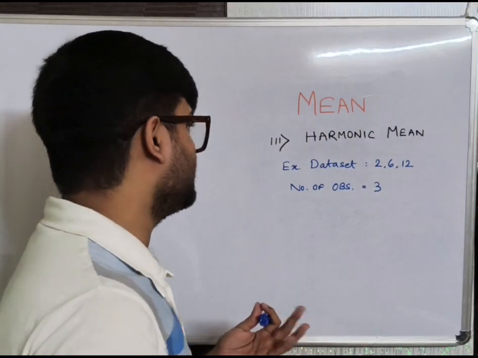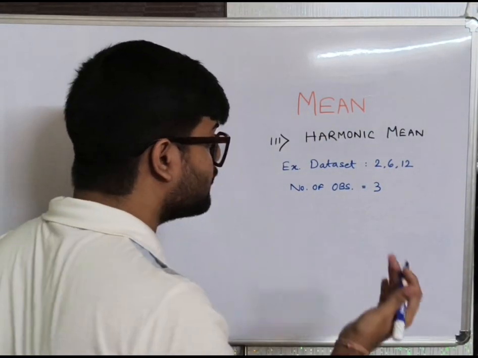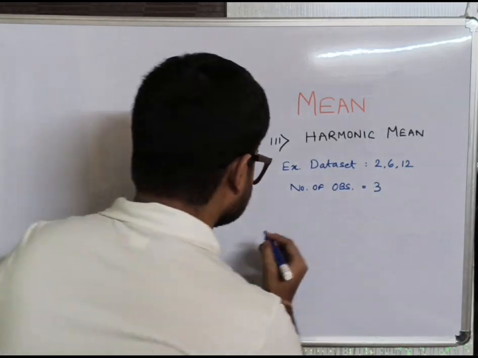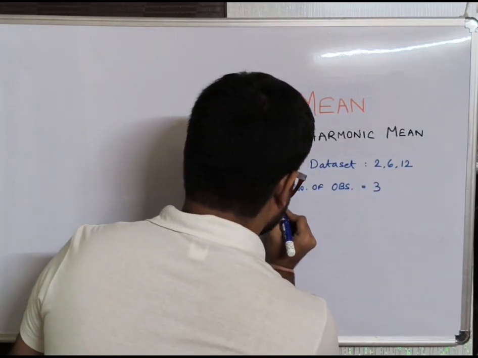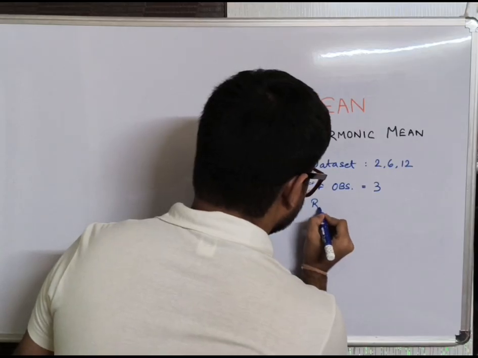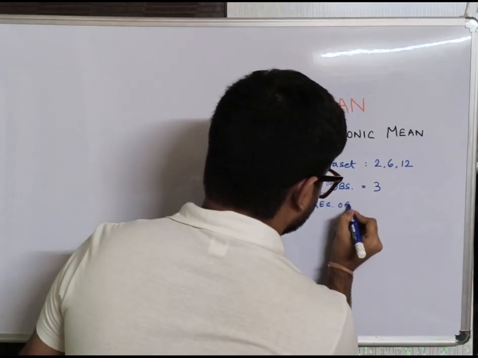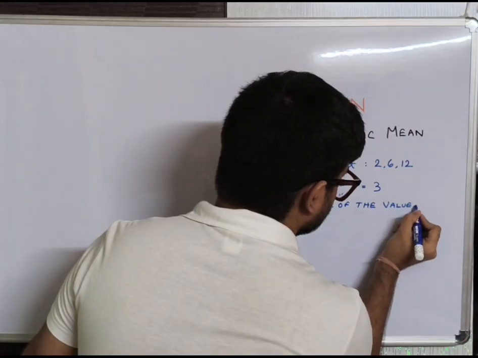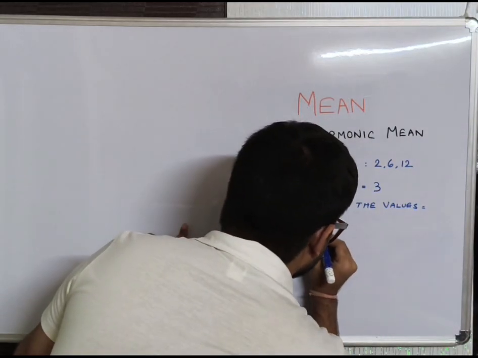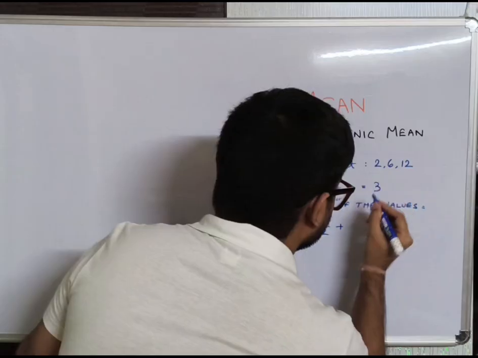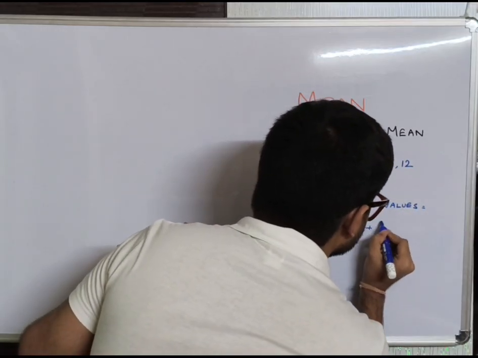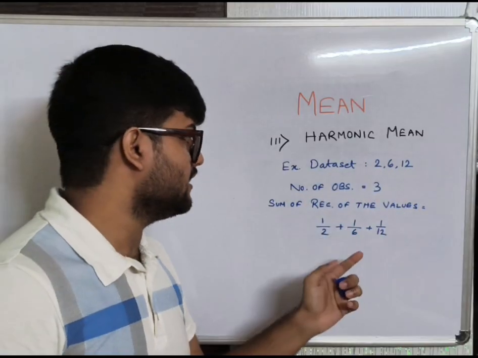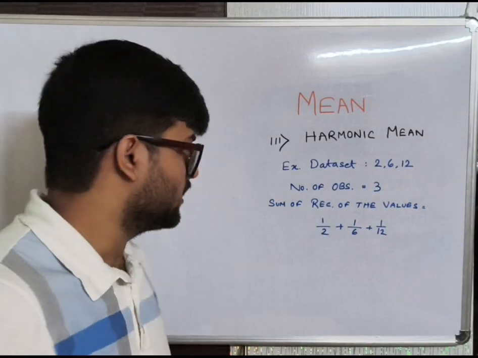And now you need to find the sum of the reciprocals of these values. That would be 1 by 2, 1 by 6 and 1 by 12. So in every case the values are converted into their reciprocals.